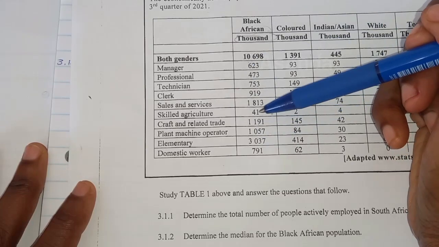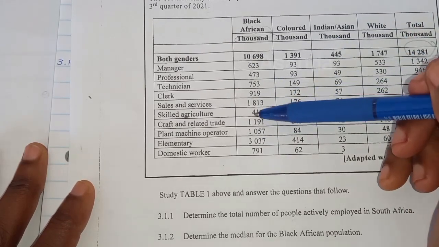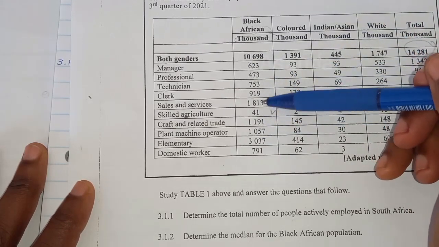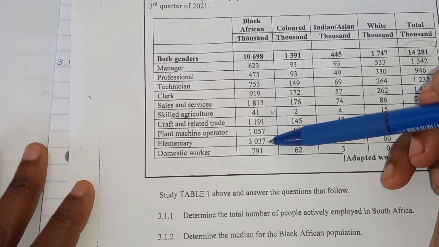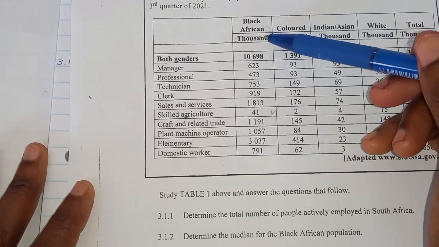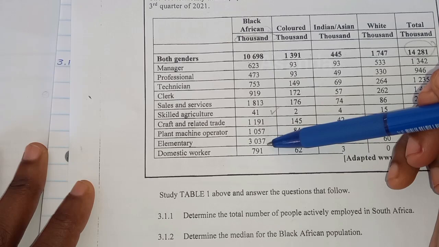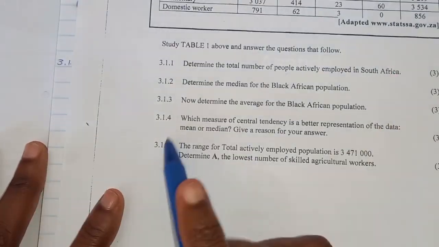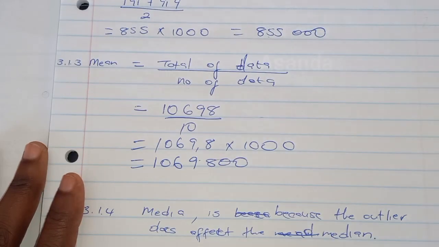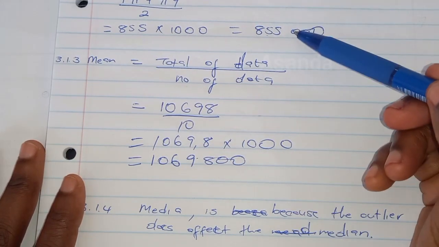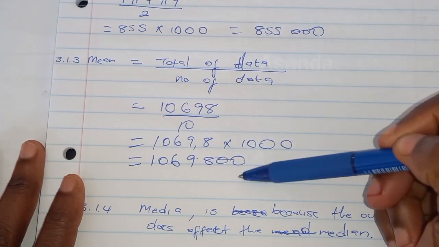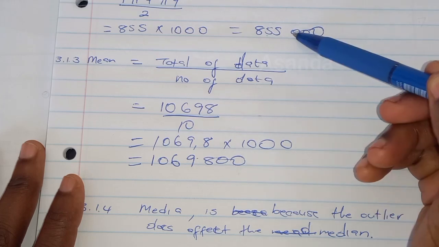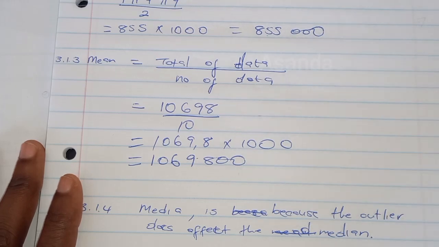For example, 41, which I noted as the smallest data, is way below everybody else, and 3037 is way above everybody else. So we have outliers here, and it won't be best to use the mean. As you can see, we have very different averages, because the mean is 1 million and the median is 855,000.